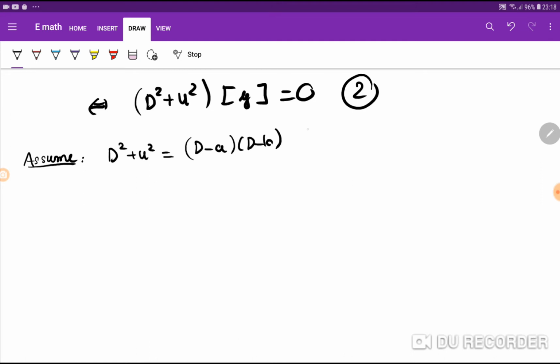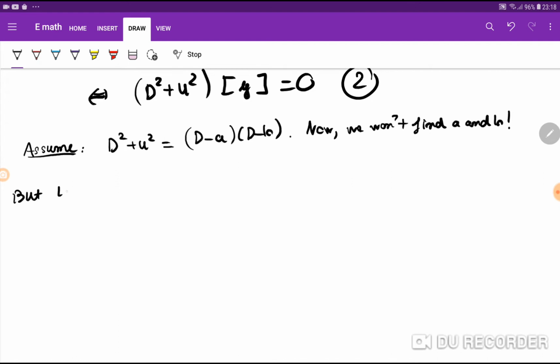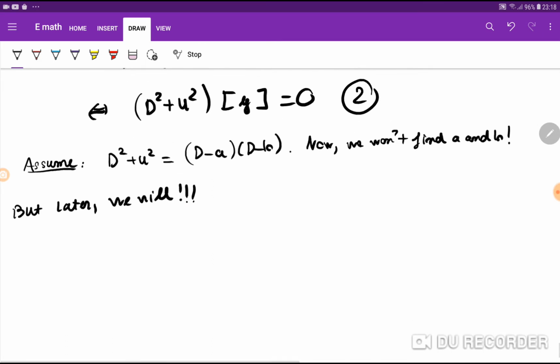And then later we find a, and we will find b later. Okay, you understand what I mean by that? Okay, so what does 2 become? 2 will become (D minus a)(D minus b) y equals 0.